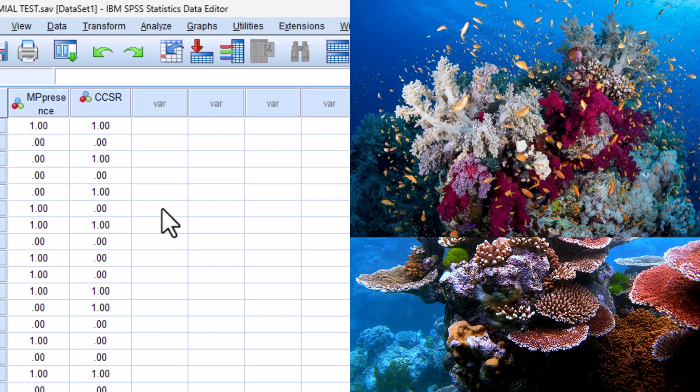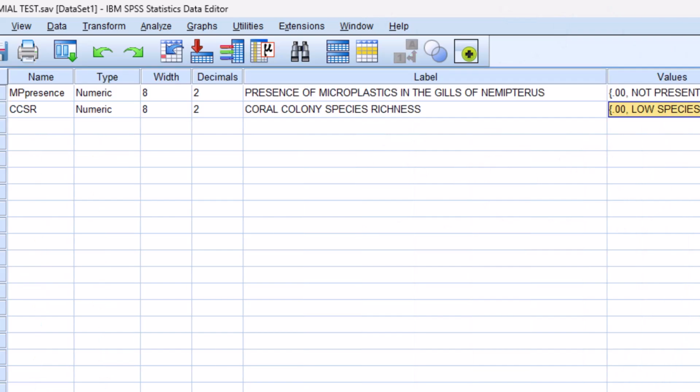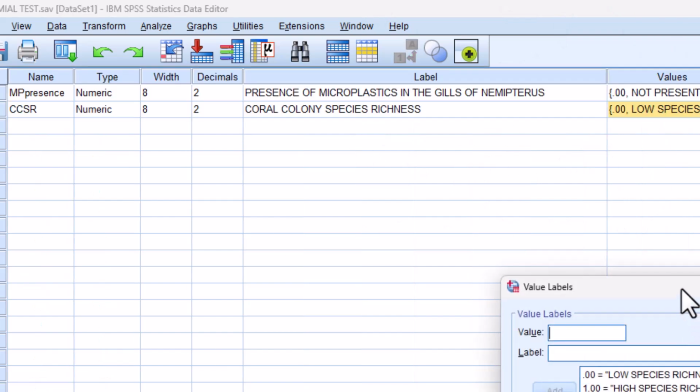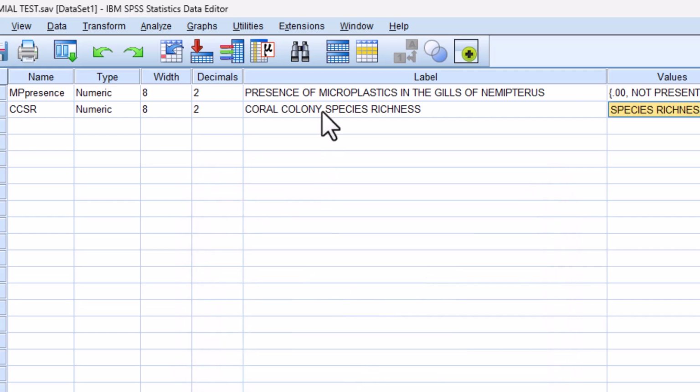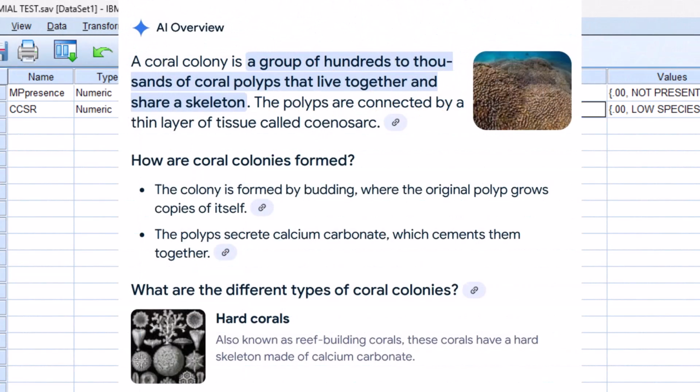So kung merong 50 organisms, plant man yan or animal, that will tell na ganyan ka-rich ang species in an area. So in this data set, dichotomous pa rin. Because here, yung nilagay lang is low species richness and high species richness. Now, yung coral colony naman, this sounds like area po lamang.